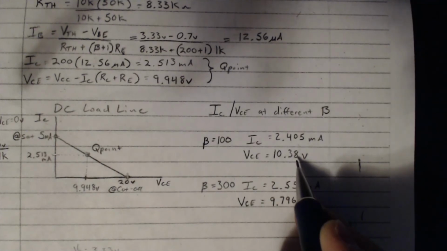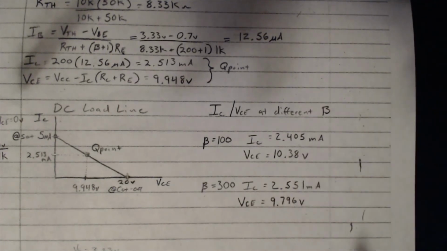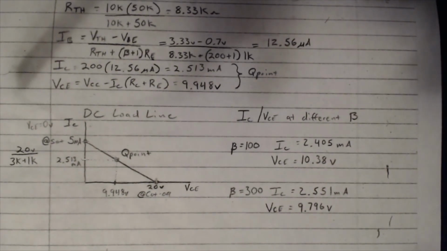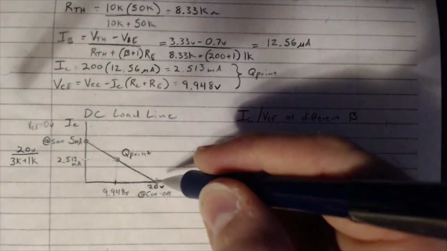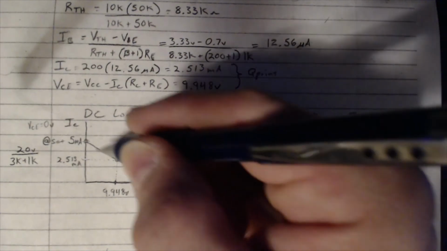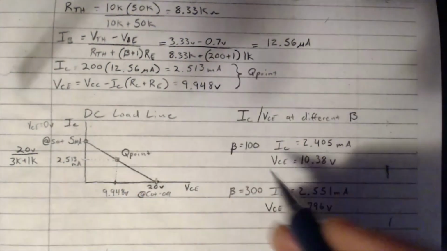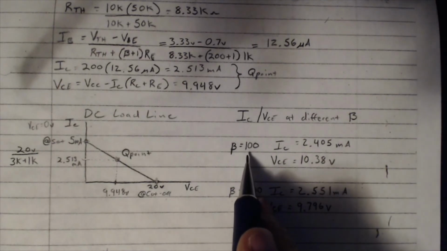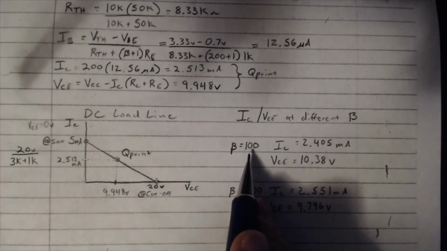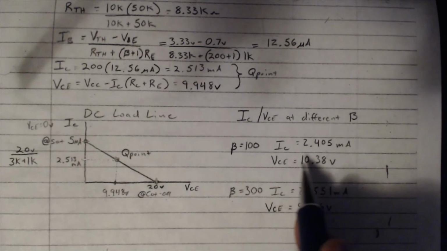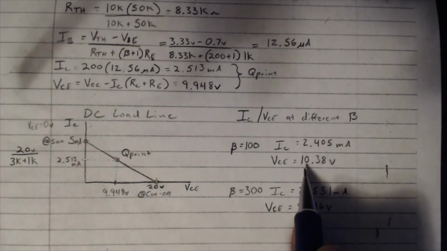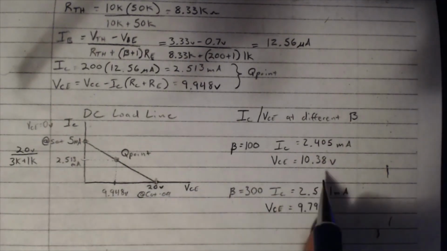However, look at it from the perspective of the load line. As far as this transistor circuit is concerned, it could be all the way over here, or it could be all the way over here at cutoff, right? All the way from cutoff to saturation. So if beta had somehow changed because the temperature changed in the room from 200 to 100, it dropped in half. That's quite a big change in beta. Then VCE would have only increased by less than half a volt.